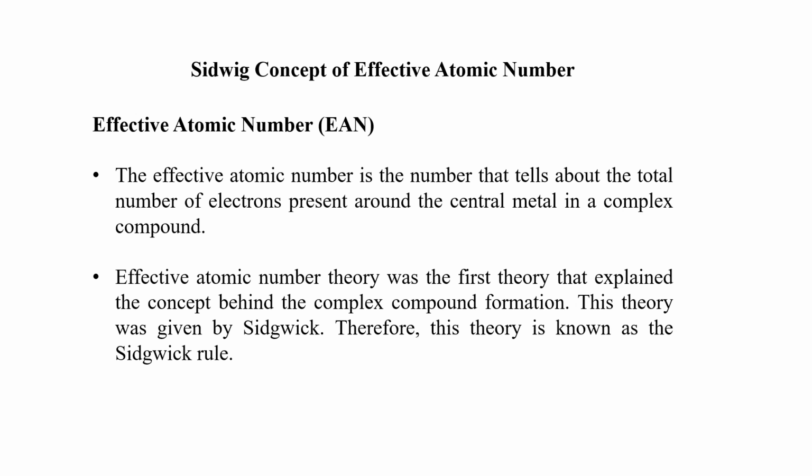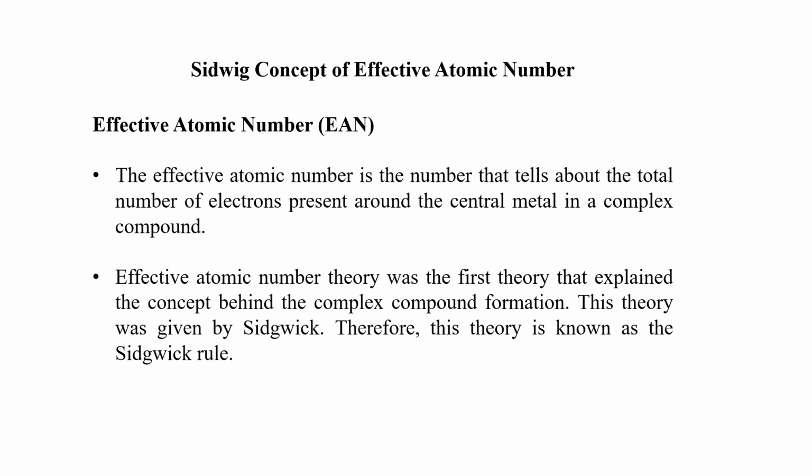Now let us see the Sidgwick concept of the effective atomic number rule. It explains the stability of coordination complexes. In order to get stability, the central metal atom should satisfy a particular rule called the effective atomic number rule. So what is meant by effective atomic number?